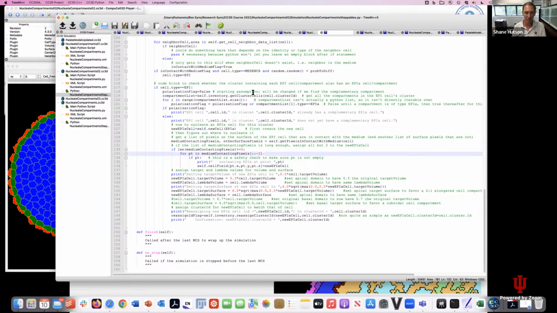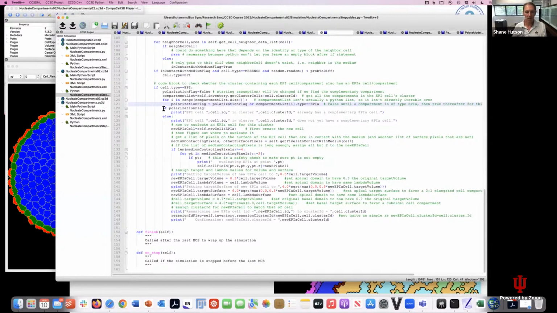So you can't just do for compartment in compartment list. You have to do it with this index. But we're going to modify the polarization flag, right? And this polarization flag equals polarization flag or compartment list I.type equals epi. Make sure the polarization flag stays false unless there is an epi compartment in the cluster. As soon as there is an epi compartment in the cluster, the flag turns true and it stays true thereafter.